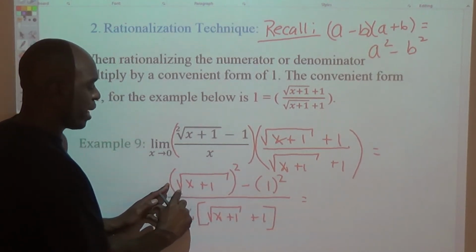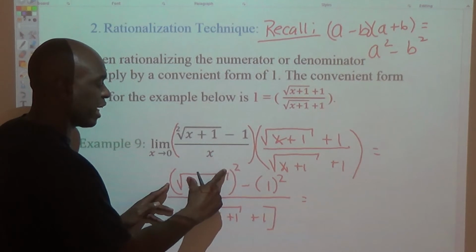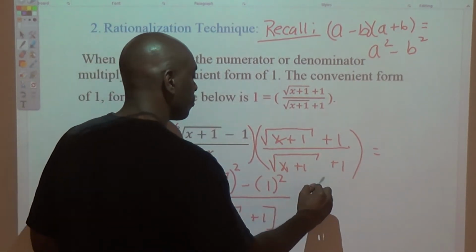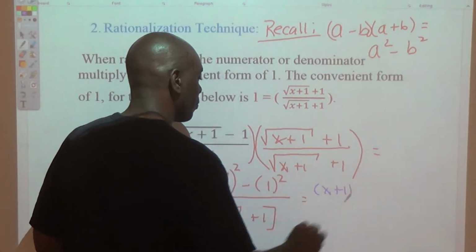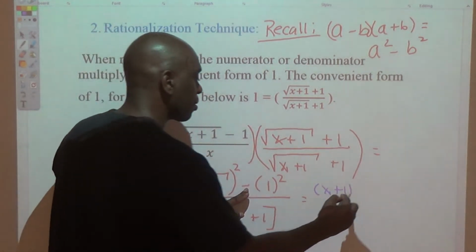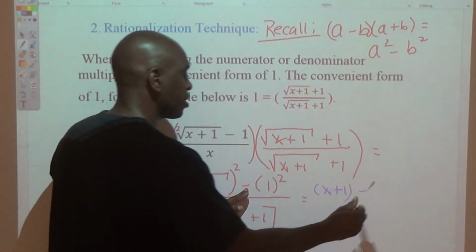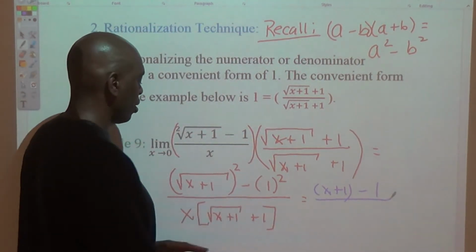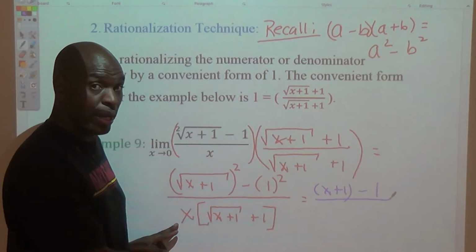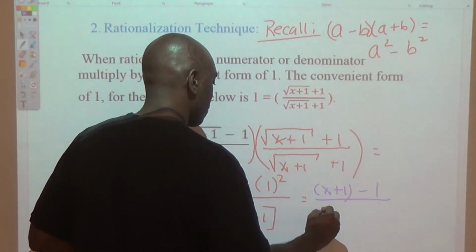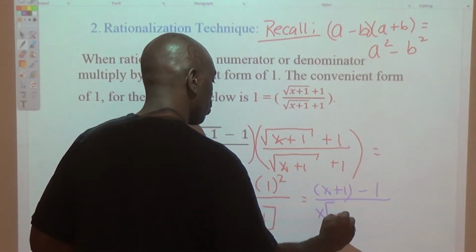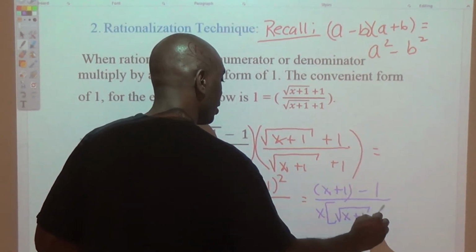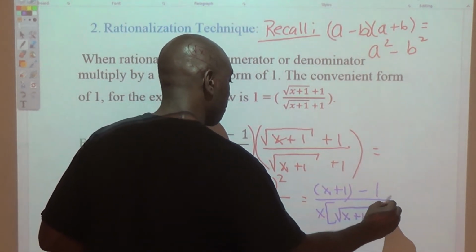Well, the radical symbol and the square cancel out. So you're just left with x plus 1. Minus, well, 1 squared is simply 1. Divided by, don't multiply this through, just rewrite it. x times the square root of x plus 1 plus 1.